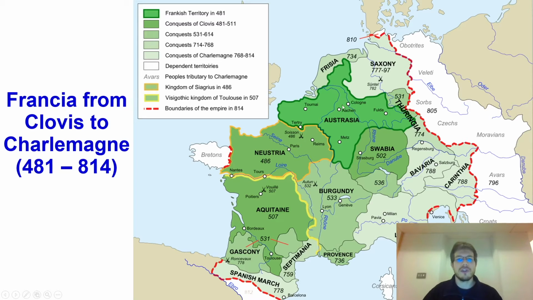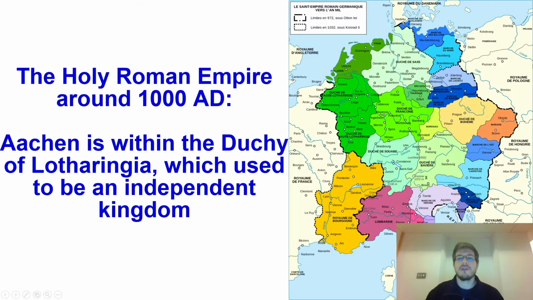It's in the core region of the Frankish kingdom, or kingdoms, and later on it becomes the core region of the Frankish Empire under Charlemagne. It then, however, undergoes a tumultuous time, going through several difficult phases where it switches allegiance between the West Franks and the East Franks, so the French and the Germans.